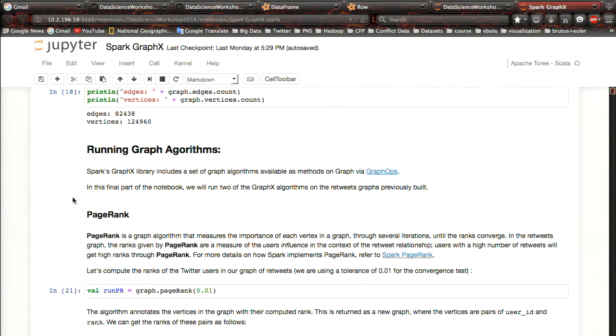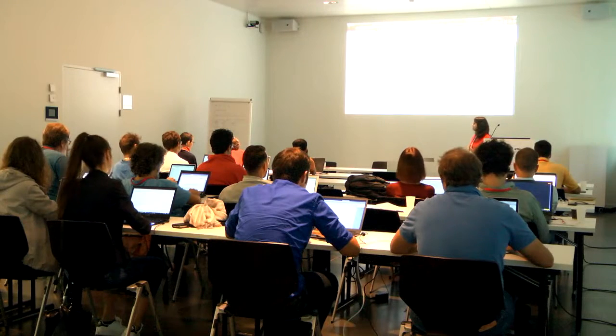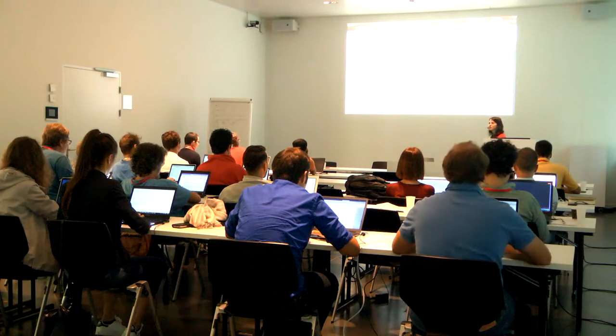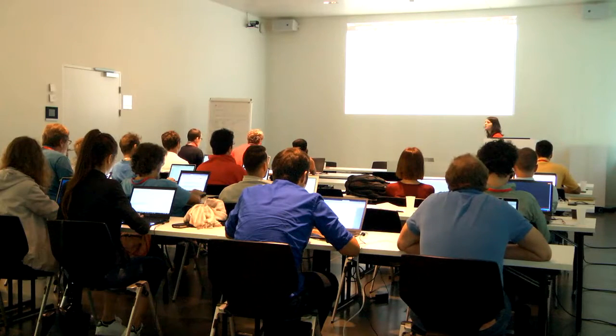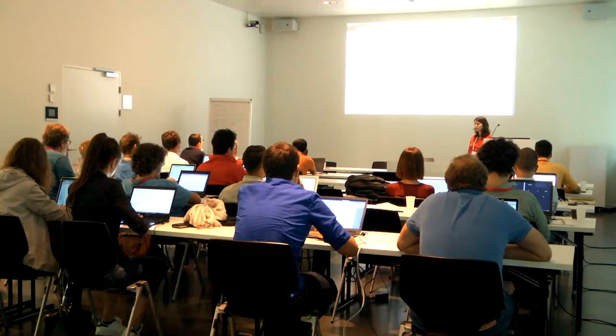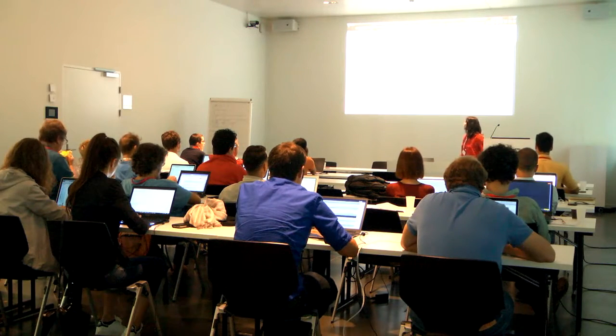And if the ranks haven't changed much, so if the difference is very small, then the algorithm has converged. So we specify this convergence parameter. Here it's not so small, so it can be even smaller, but the smaller we set it, the more iterations PageRank will do, and the longer it will take for us to run this.